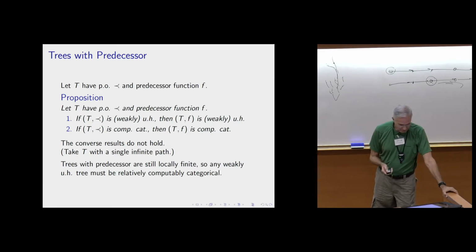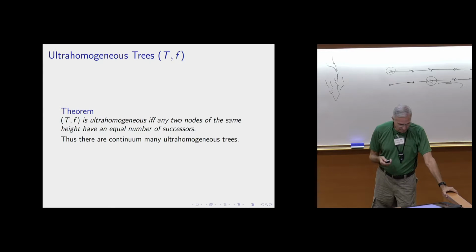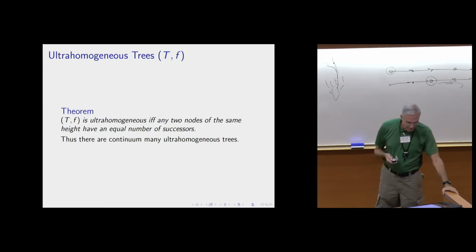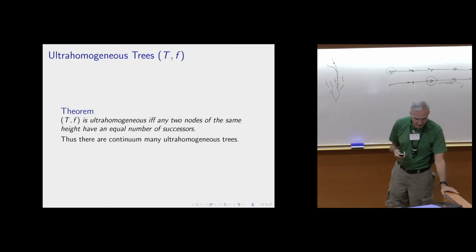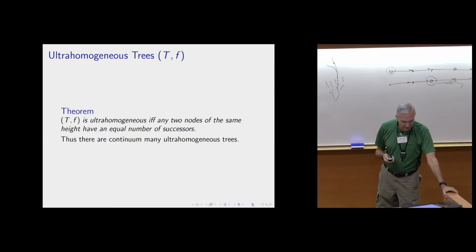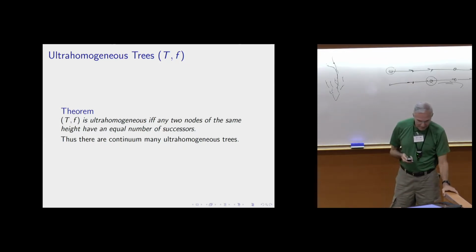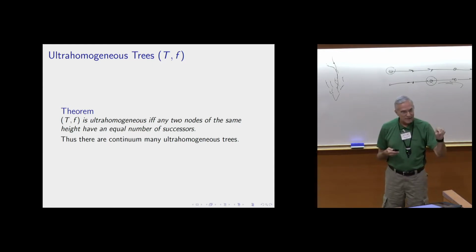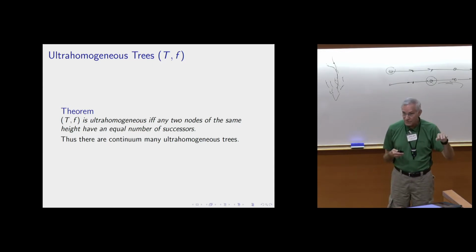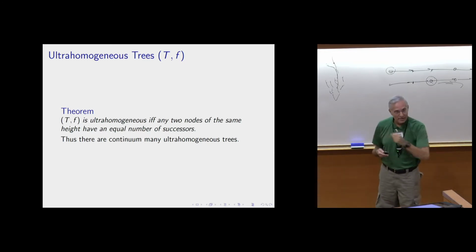So now, under the predecessor, being ultrahomogeneous has this simple characterization: any two nodes of the same height must have an equal number of successors. So at the bottom level, maybe you have omega branches. At the next level, every one of these branches must have the same number of extensions. Let's say they all have exactly 3 extensions. You have 3, 3, 3, 3, 3 all the way across.